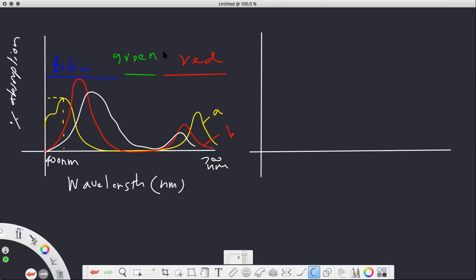Largely, light is absorbed in the blue and red areas. In the green area, very little light is absorbed. That means the light is reflected or emitted. Green range is not absorbed, instead it is reflected.